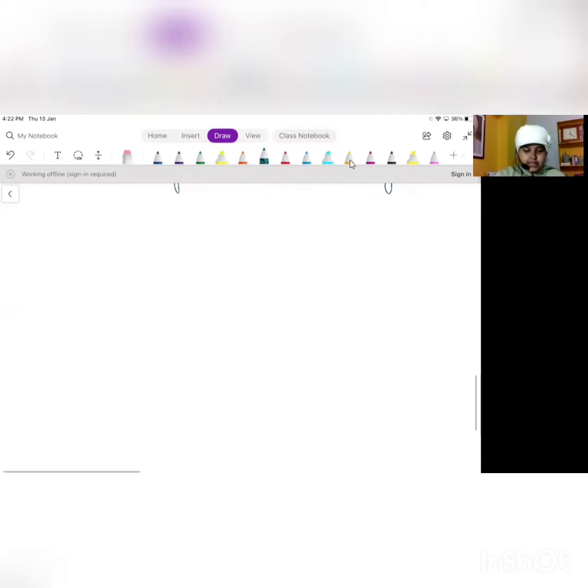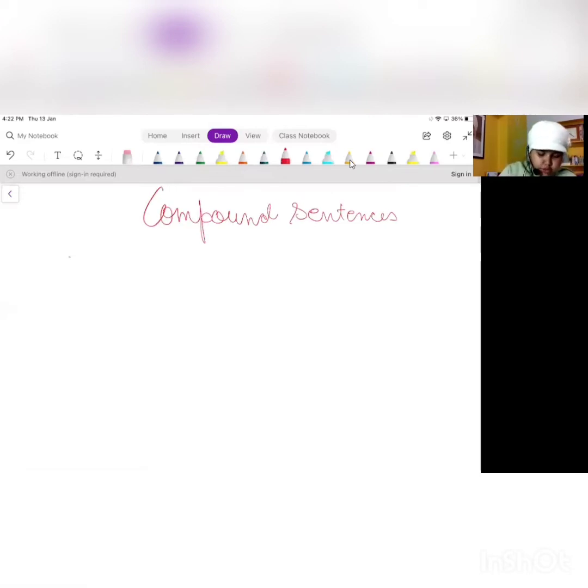The next, compound sentences. Okay, so compound sentences have two or more independent clauses.